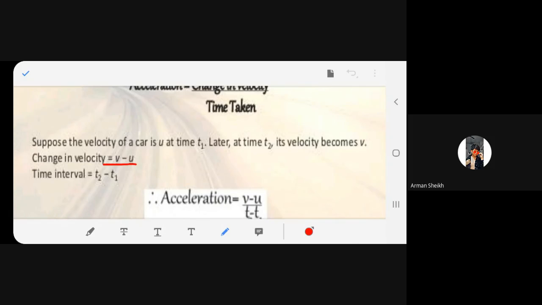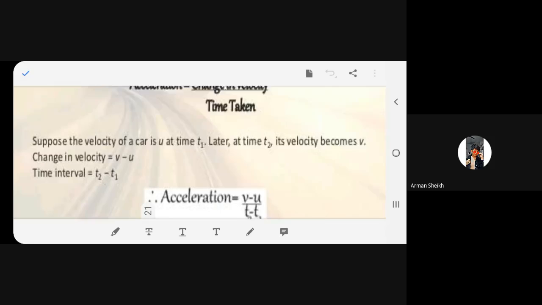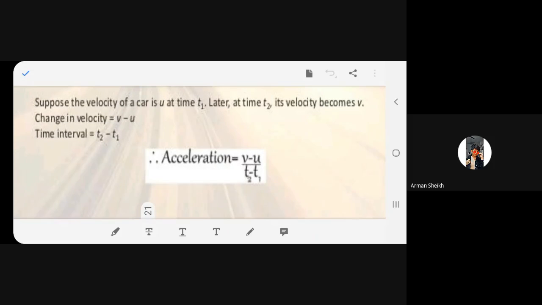You agree? V is final and u is initial, right? Then time interval is equal to t2 minus t1. So this is the final time and this is the initial time. Therefore, acceleration is equal to v minus u upon t2 minus t1.